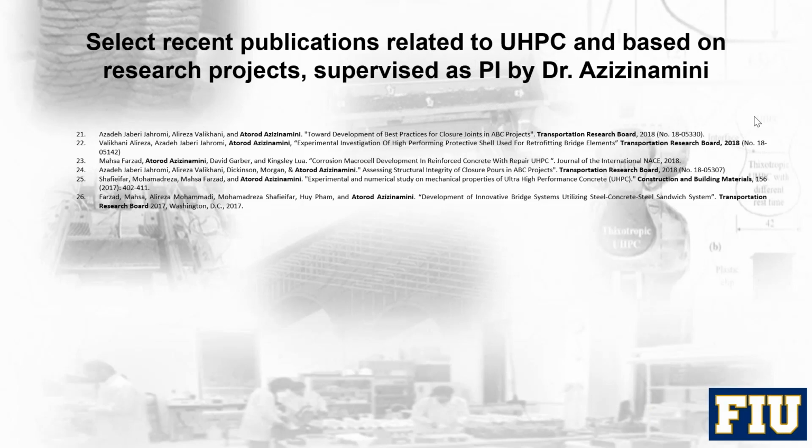So if you're placing an overlay on a deck, you're probably going to have to prepare that surface somehow. You might scarify it or do some sort of grind on the surface. That will leave some fibers. Those fibers will corrode, they will stain, the top of your deck may turn a little brown, but the corrosion doesn't progress into the UHPC and cause distress in the actual material. It's just an aesthetic staining.